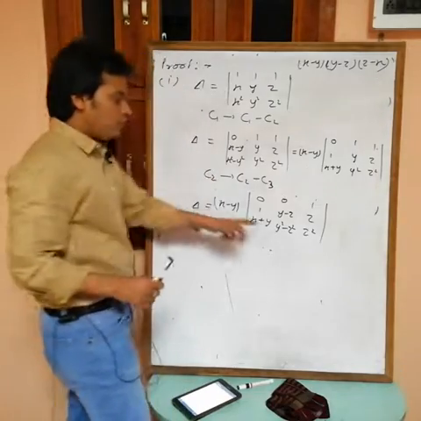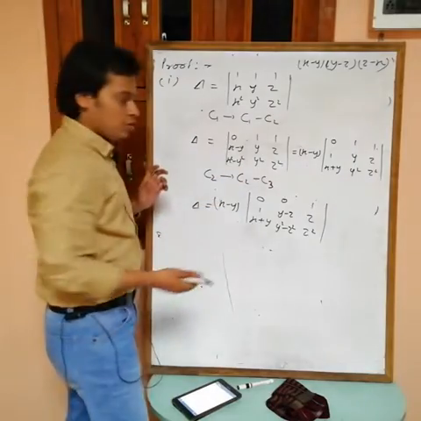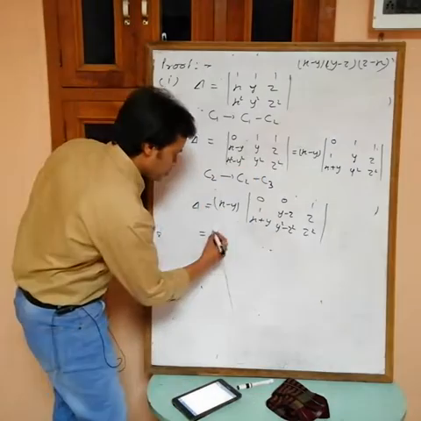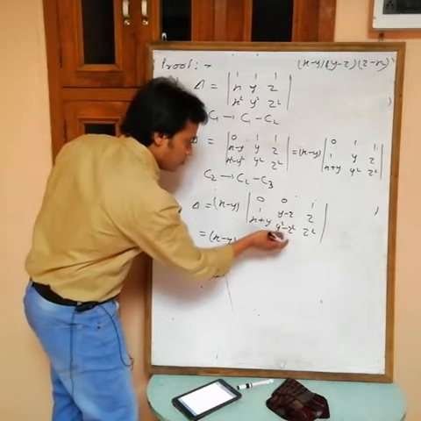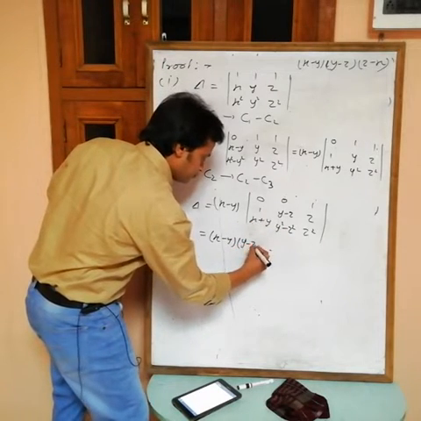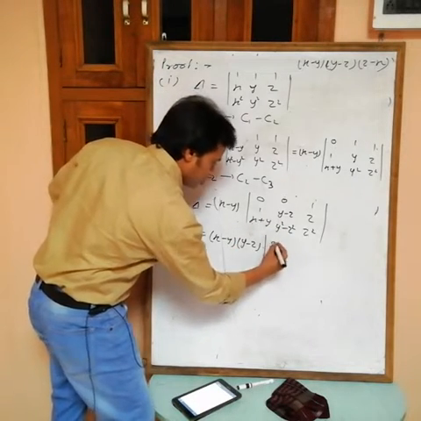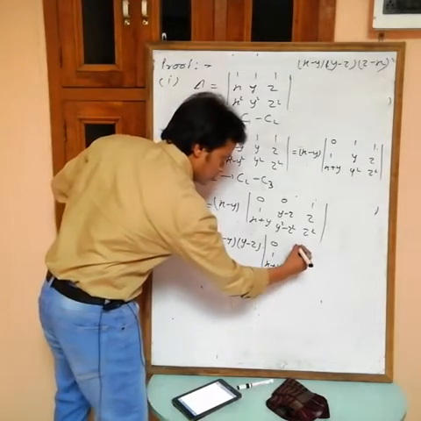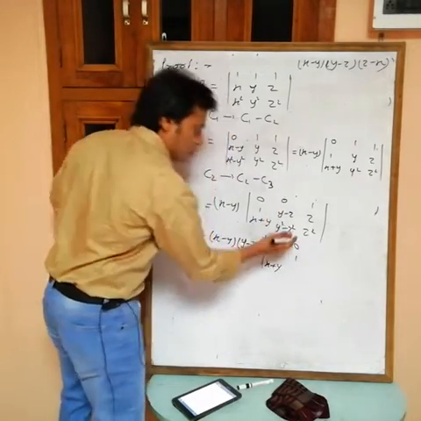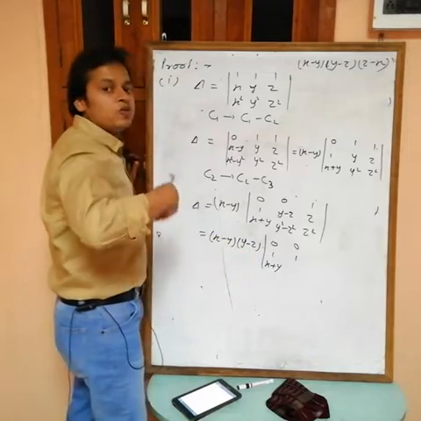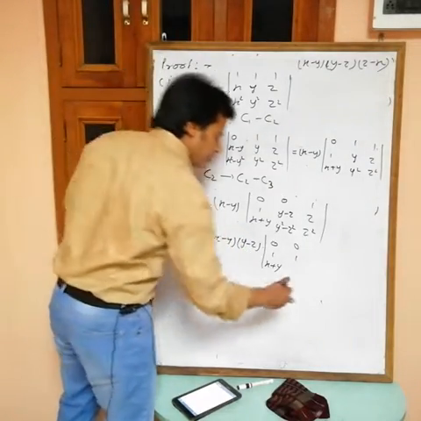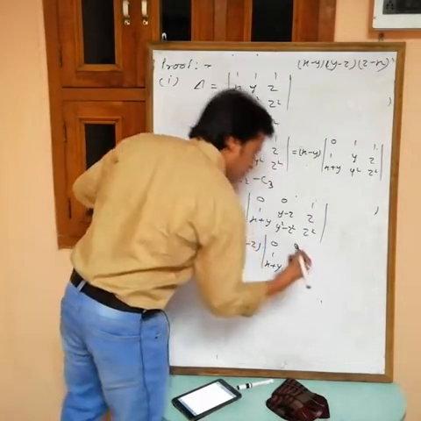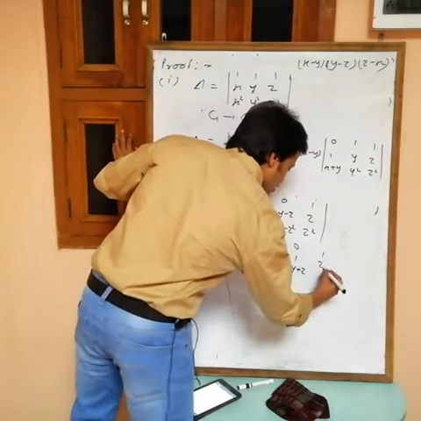Again from this you can take y minus z common. Take y minus z common from C2, then 0, 1, x plus y; 0, 1, y square minus z square can be written as y minus z into y plus z. Y minus z we take common, then y plus z, and then 1, z square.